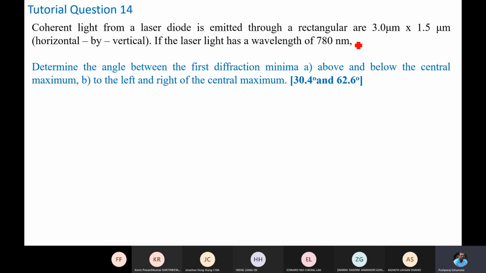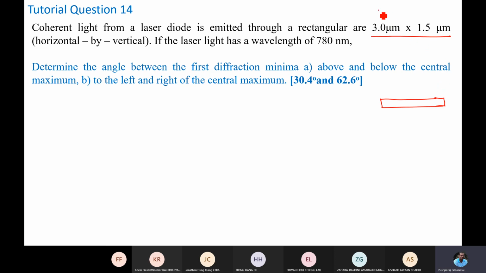This is the rectangular slit, so the slit should be like this: 3 micrometer into 1.5 micrometer.